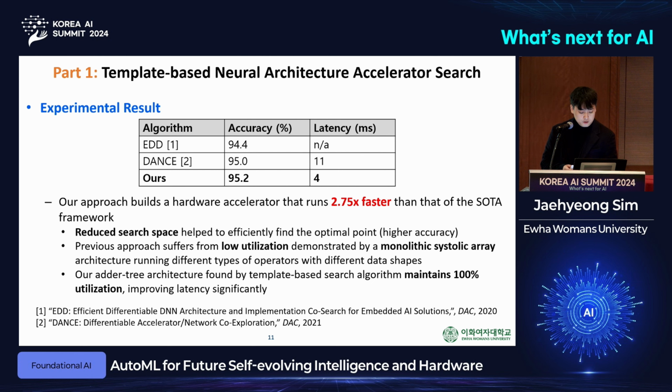And previous approaches suffer from low utilization, such as in previous work, DANCE. They have a monolithic systolic array architecture, and they have rigid shape parameters. So in case of having a wide range of convolution sizes, they have underutilization in their hardware accelerators.